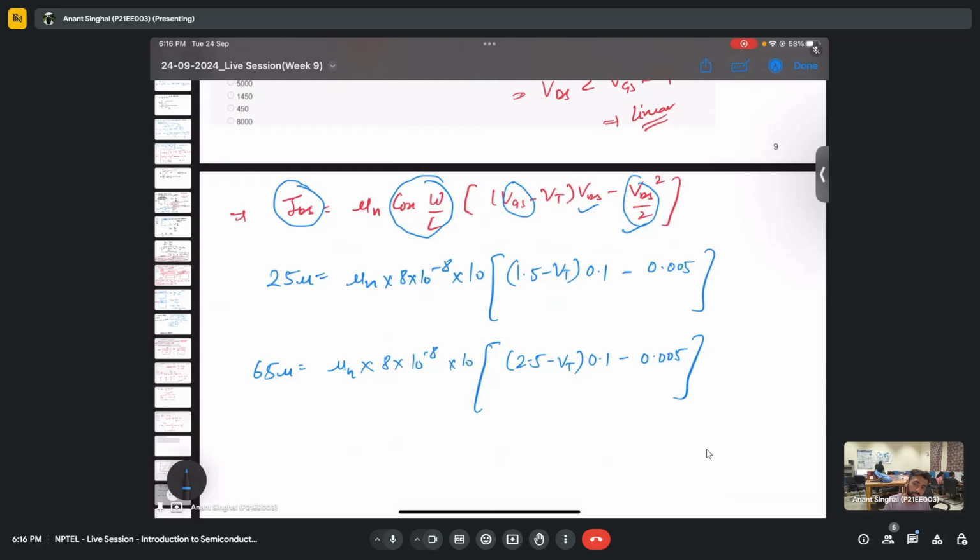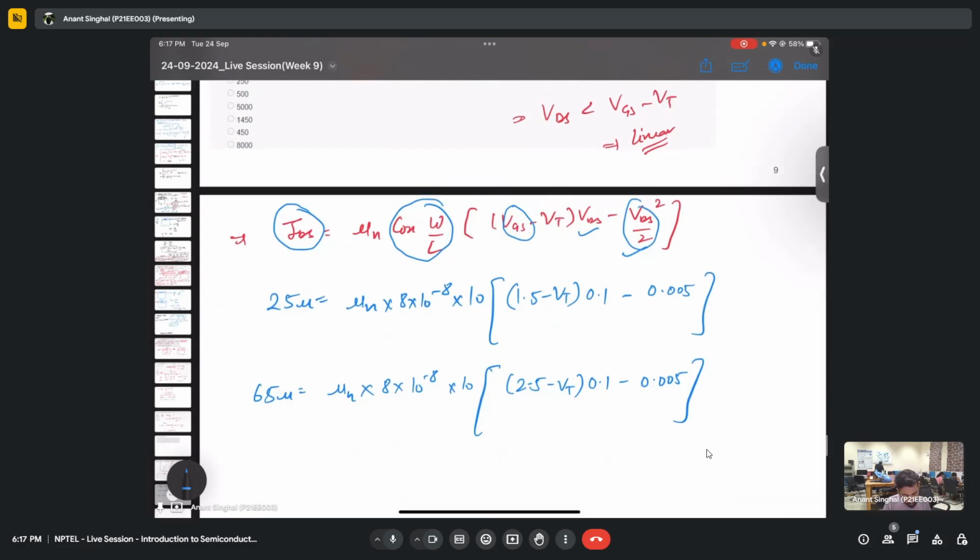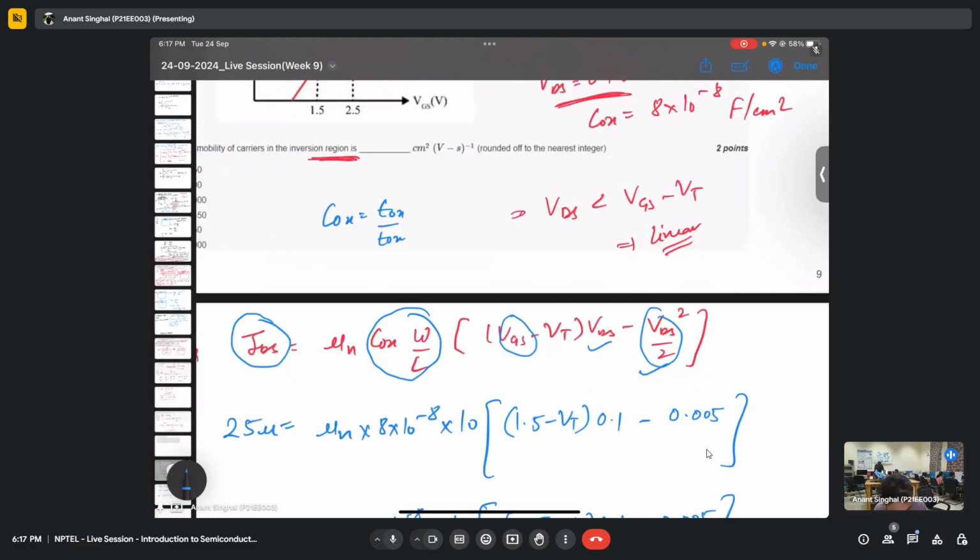Here it is mu n. Epsilon does not appear here. Why is epsilon coming into the picture? Cox is epsilon ox by Tox, right? Please clarify if you are saying mobility.